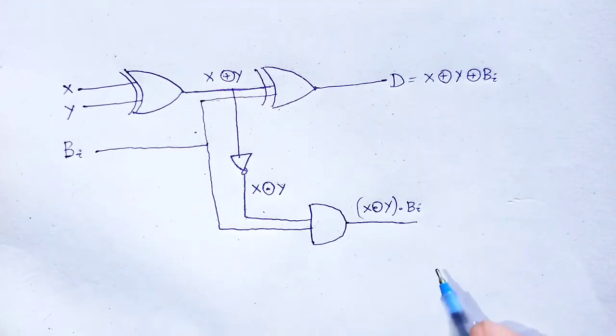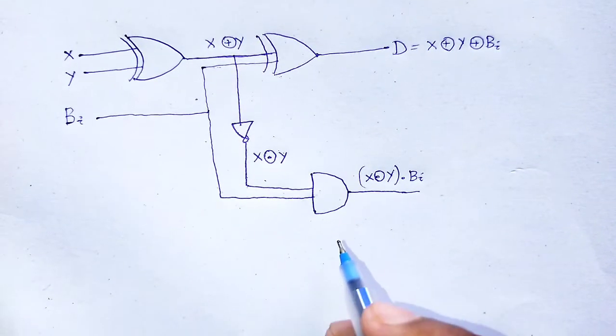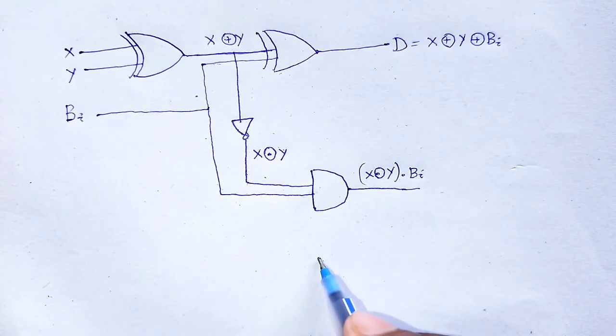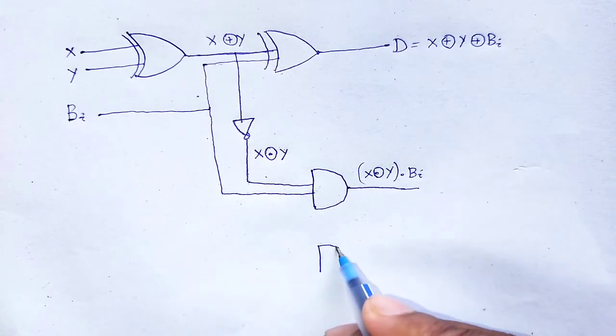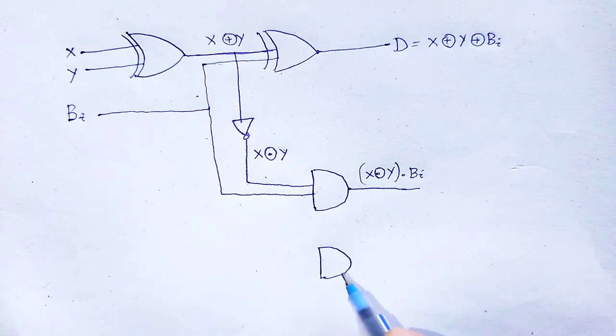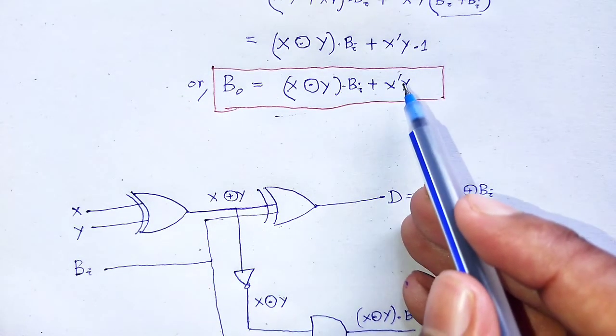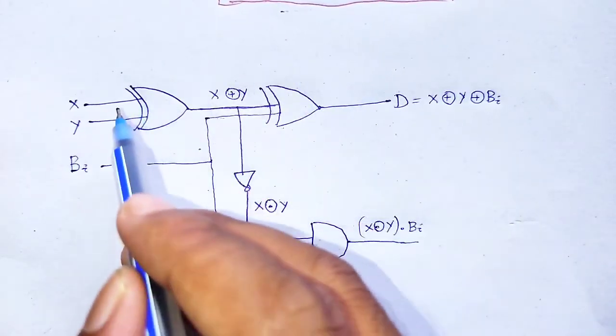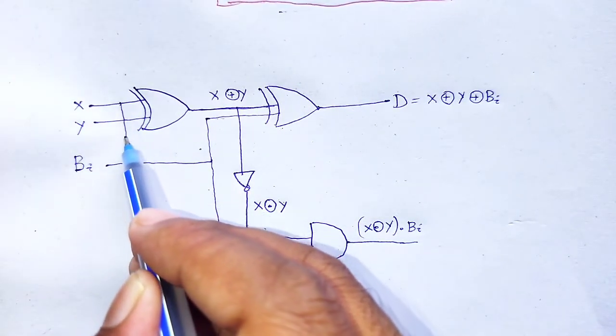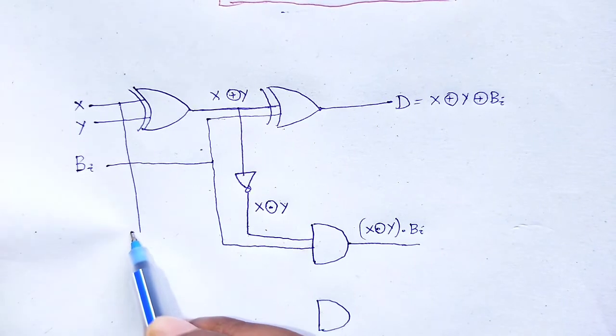Next, another AND gate is used. It has two inputs. One is x prime and y. So achieving x prime, we use a NOT gate here.